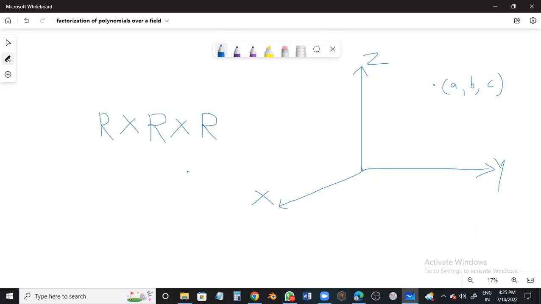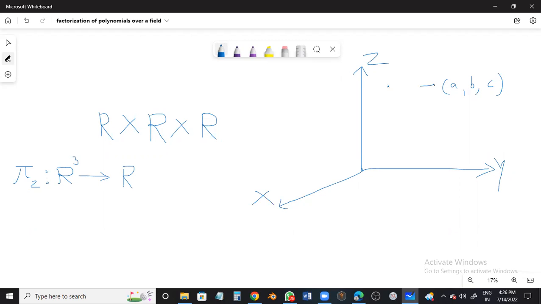And let us suppose that you have projection pi Z from R cross R cross R, in short we write as R cube, to R. So what do I have?